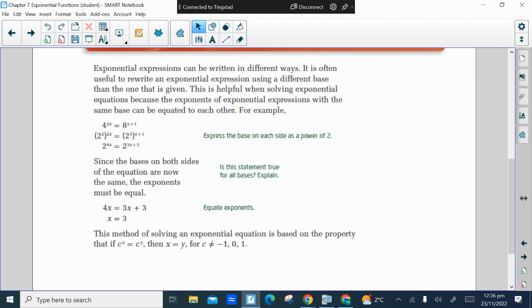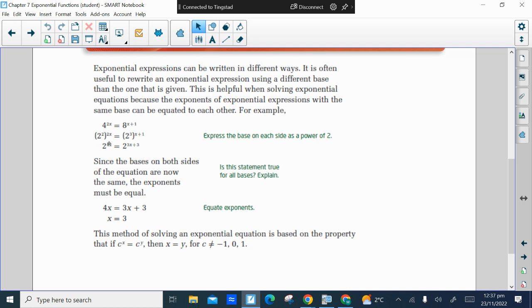Now, this equal sign tells us that the two sides are equal. If one part of them are equal, then the other parts are equal as well. Meaning, if the bases are equal, then the exponents will be equal as well. Because they both have a base of 2 and the bases are equal, then the exponents are equal as well.